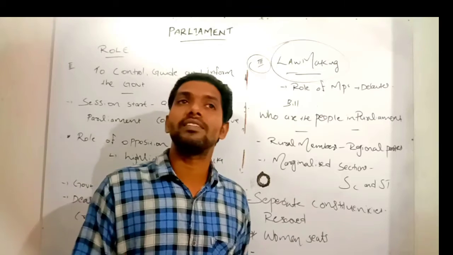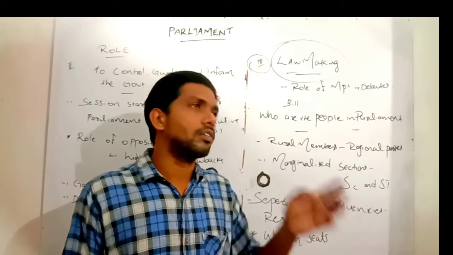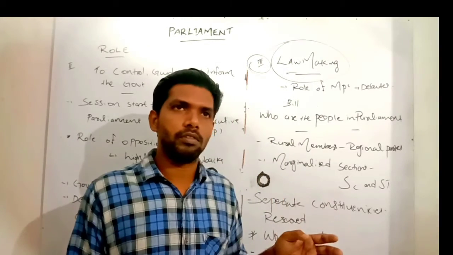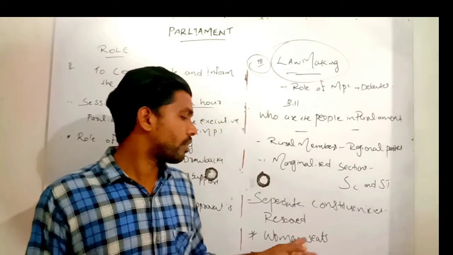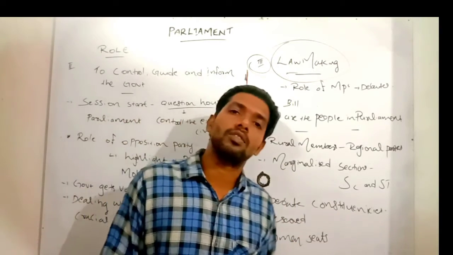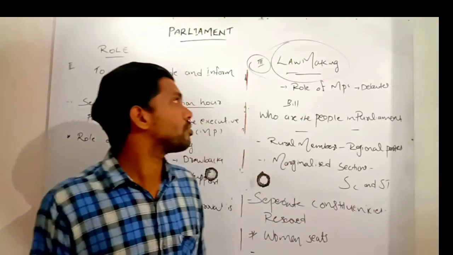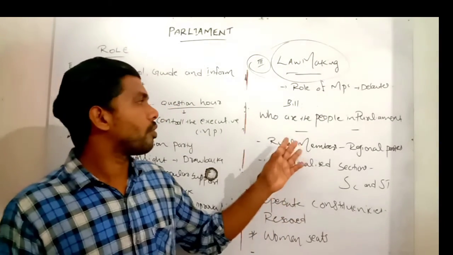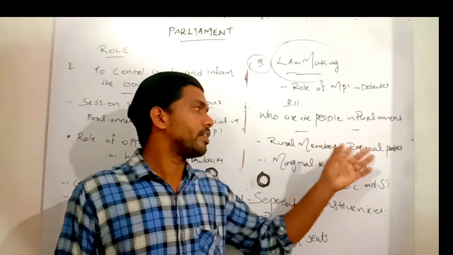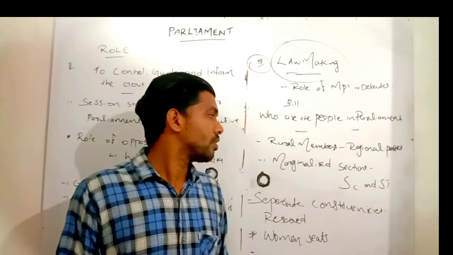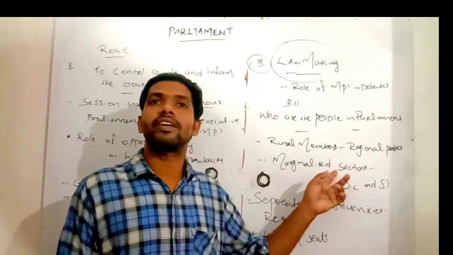And women MPs are sitting in a good number. I forgot the number, but we can see that women's representation now in the Lok Sabha or the Indian Parliament. So once again, in our Indian Parliament, people from rural areas, from different regional parties, and marginalized sections also need to get representation.